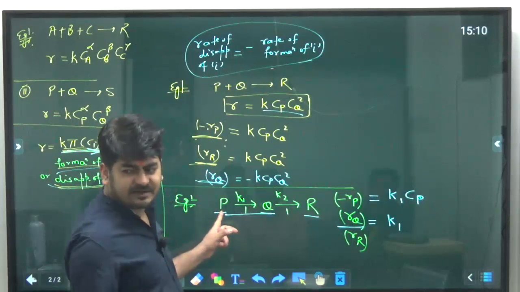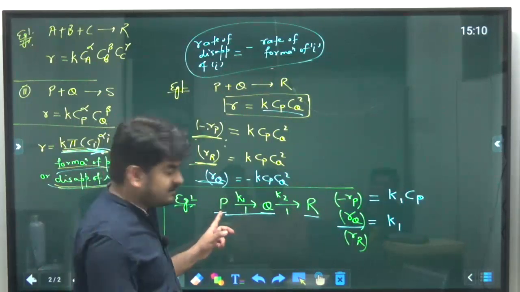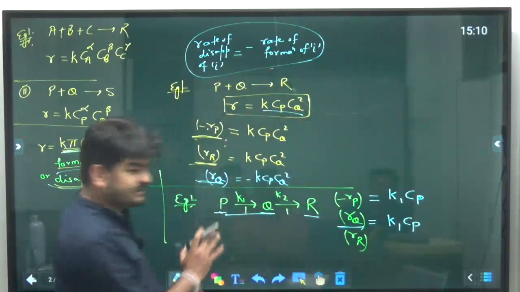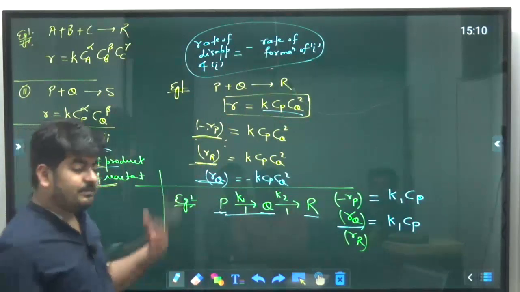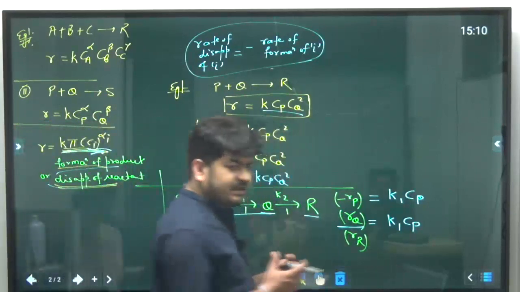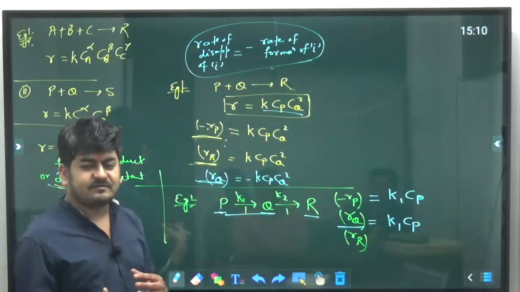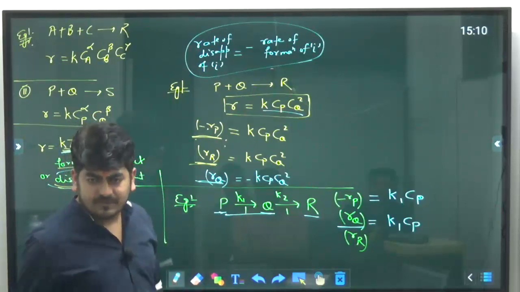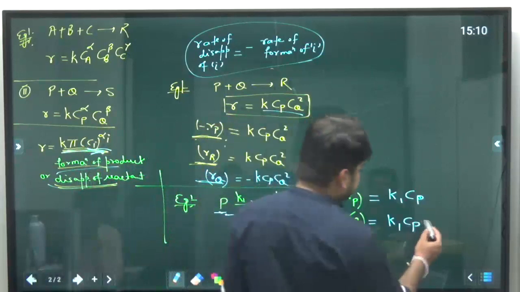Cq is not the reactant. P is the reactant. Power 1. Then plus. Whenever there are multiple steps, and any component is participating in more than one step, we will add them. Okay. So plus.